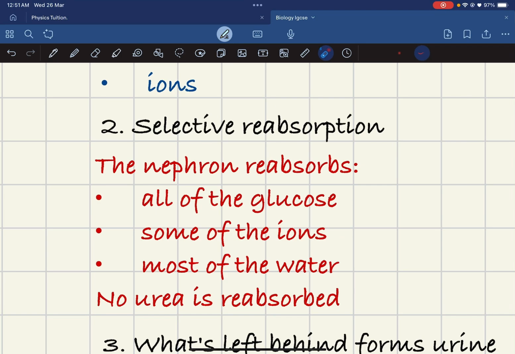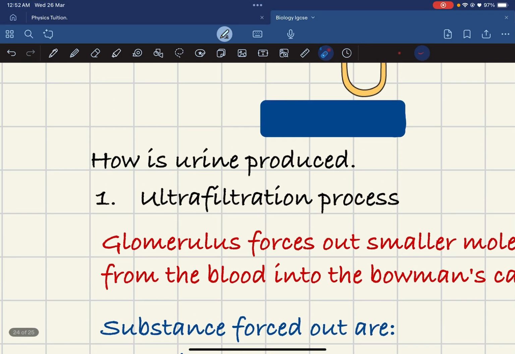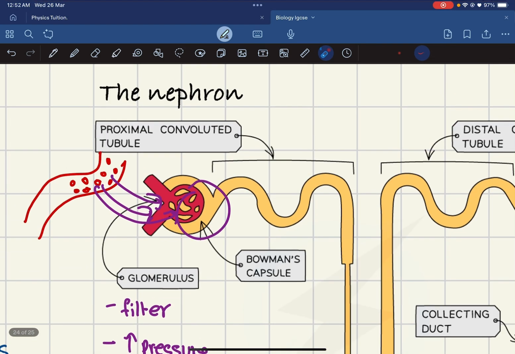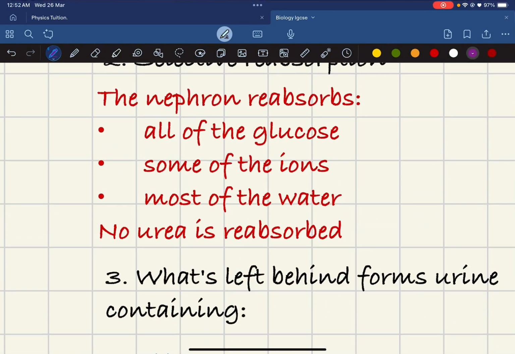Now after your blood is filtered and now it's in your Bowman's capsule, your molecules will go through here and some of them will be reabsorbed back into the blood, okay, back into the blood.